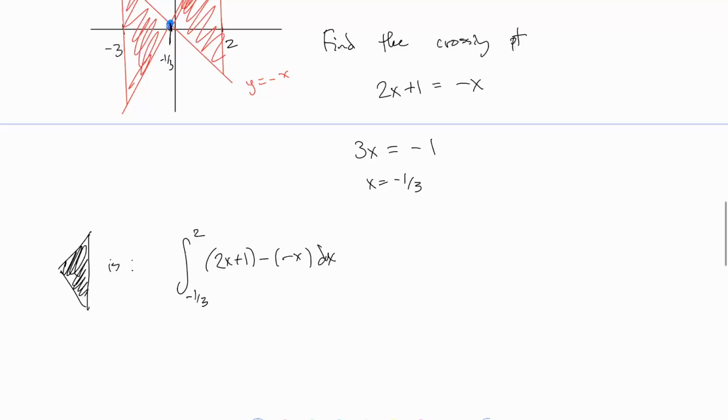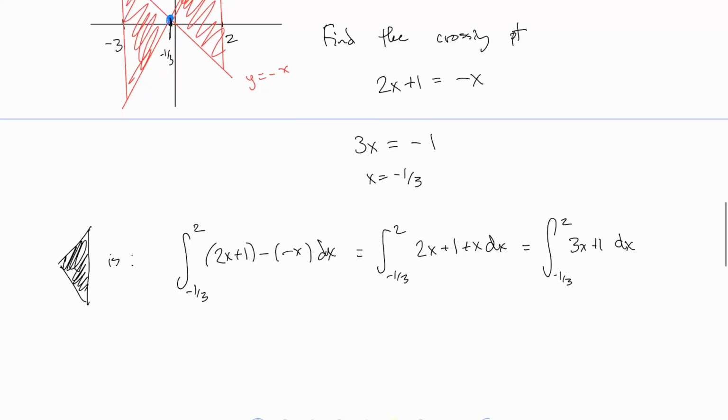Actually, these first parentheses around 2x plus 1 don't matter because everything in there is being added. The other parentheses matter because of the minus minus, but this just ends up being the integral from minus 1/3 to 2 of 2x plus 1 plus x, which is 3x plus 1. Might as well simplify as much as you can inside the integral sign. So 3x plus 1 dx. And then we're going to do the integral.